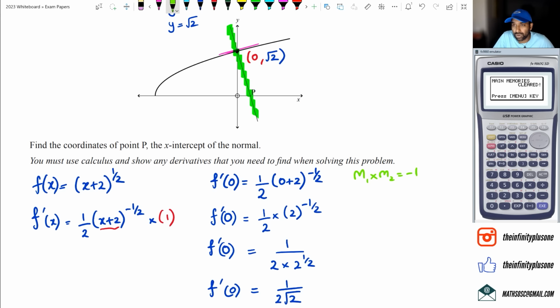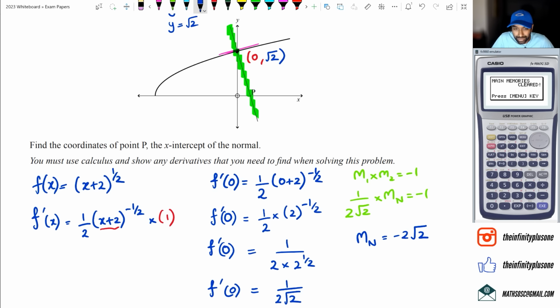You might remember this from level 2. So what I've got here is 1 over 2 root 2 times the gradient of the normal is equal to -1. And if I cross multiply, I'm going to get the gradient of the normal equals -2 root 2.